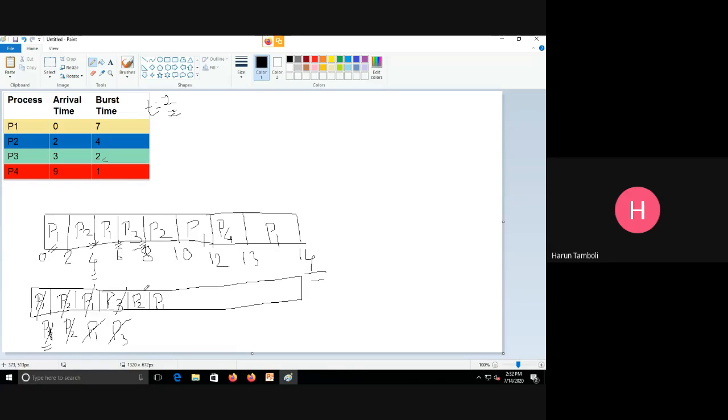So the next process present in the ready queue is P2. So P2 will get the processor and start the execution. Okay. So at the 8th second P2 will start, but at the 9th second P4 arrived, so P4 will be placed here in the ready queue.